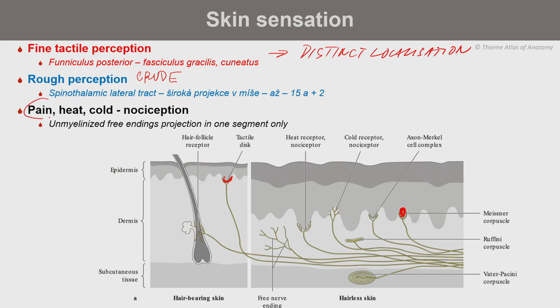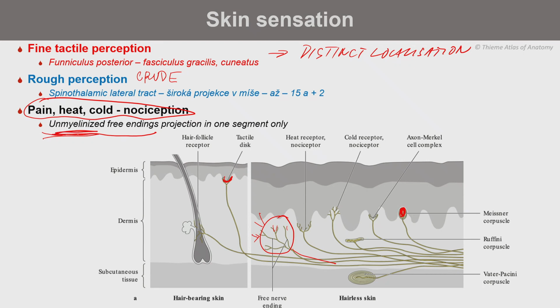And then we have also nociception, because also pain and cold and heat feeling is important for motion. They are led by the unmyelinized free endings. And what is a free ending? A free ending is a distribution of dendrite, and the information is going from several territories and then is led back.